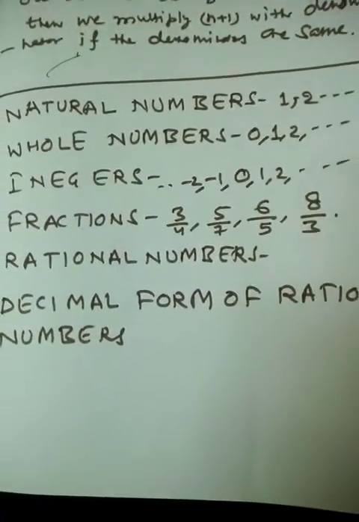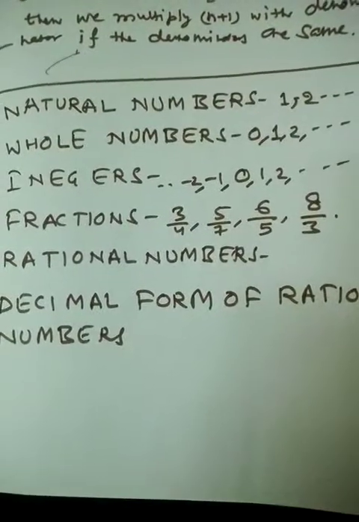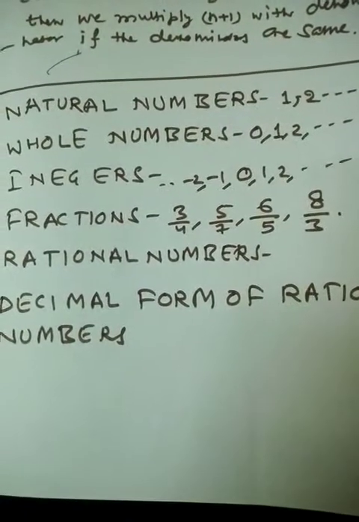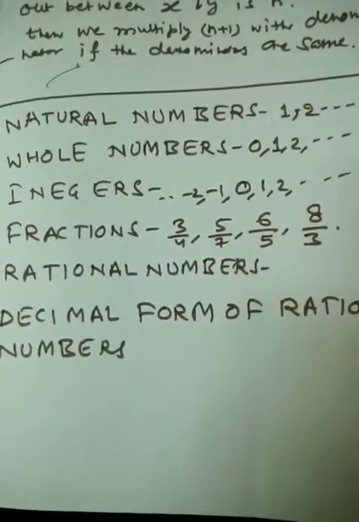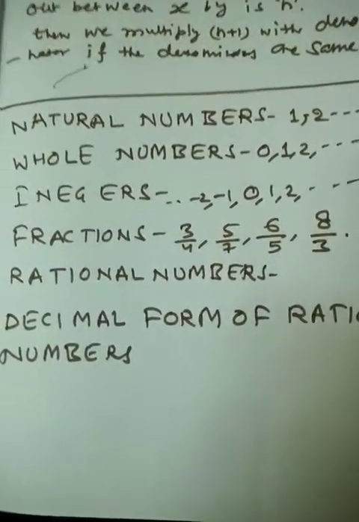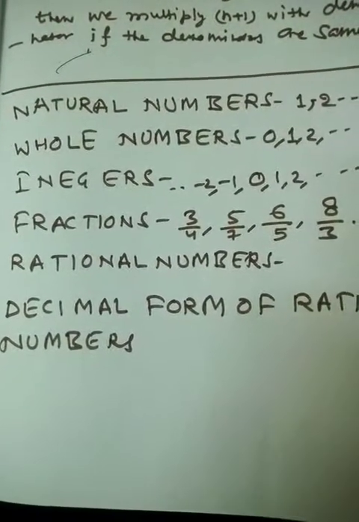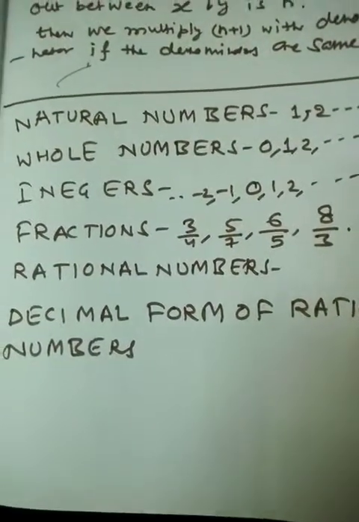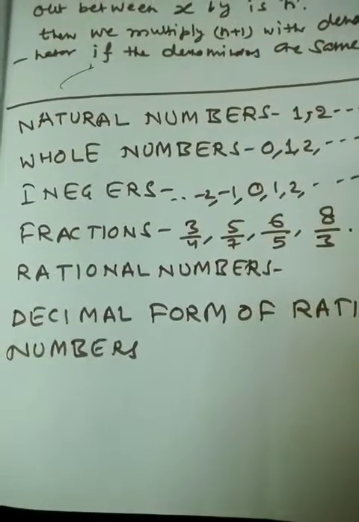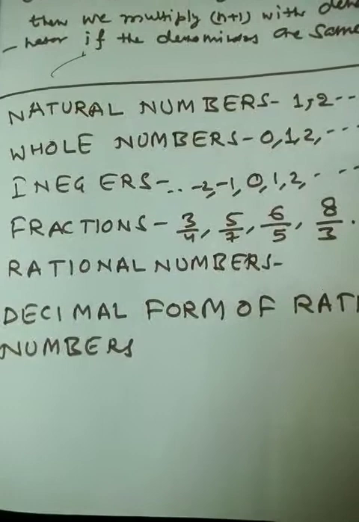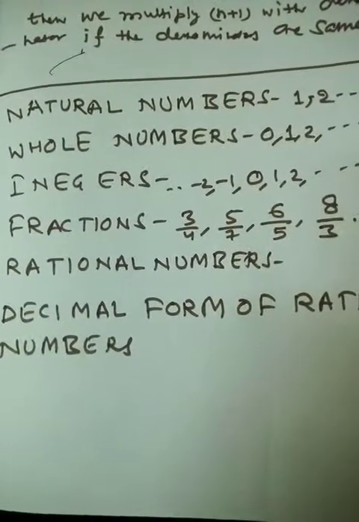So how can we know whether a fraction can be converted into a terminating or non-terminating decimal? For a terminating decimal, the prime factors of the denominator in the standard form will have only 2 or 5 as factors, not other than 2 and 5.